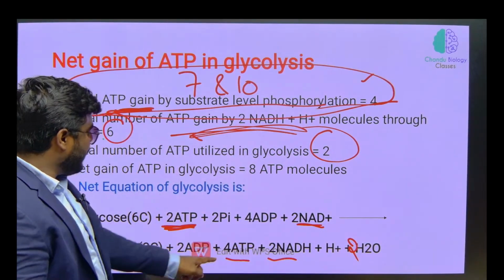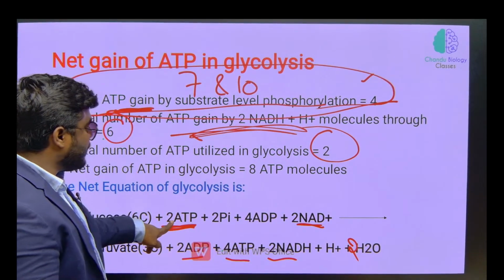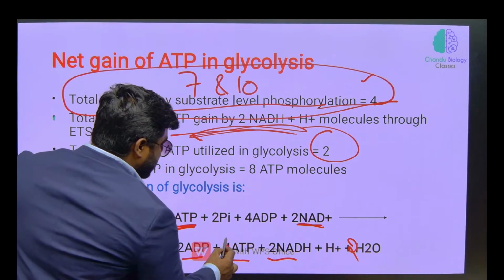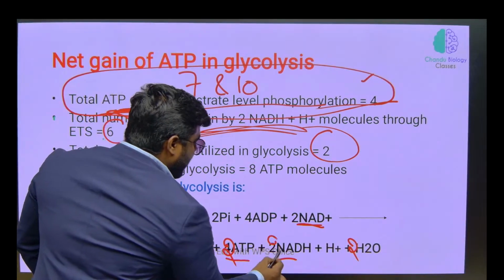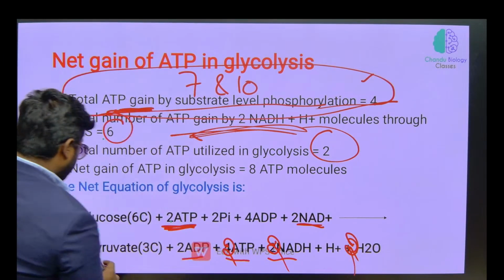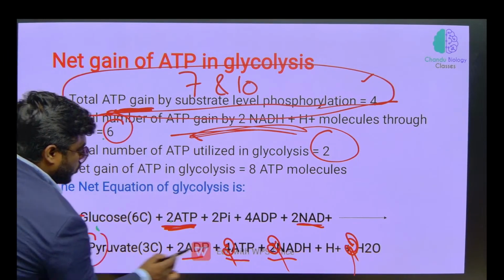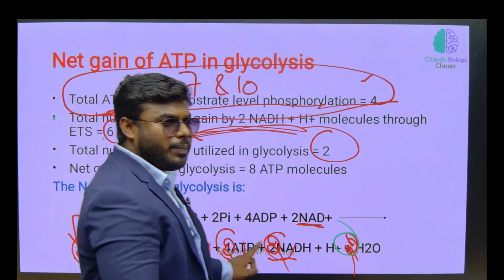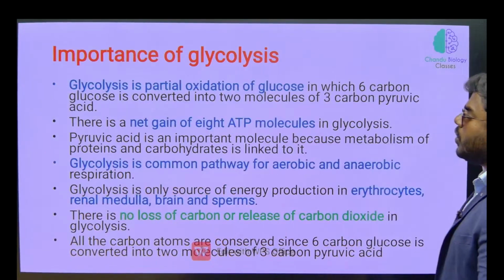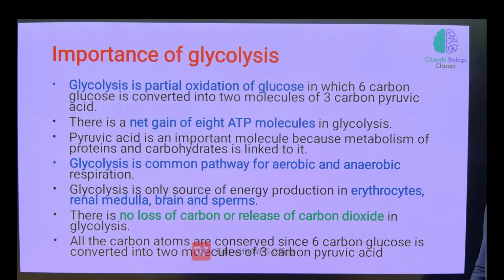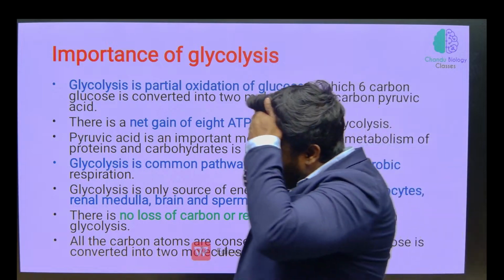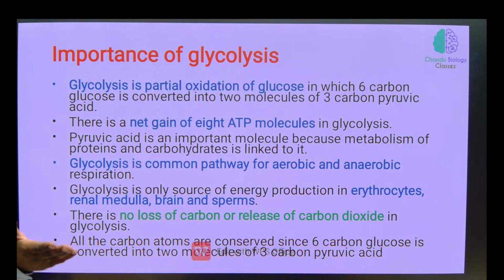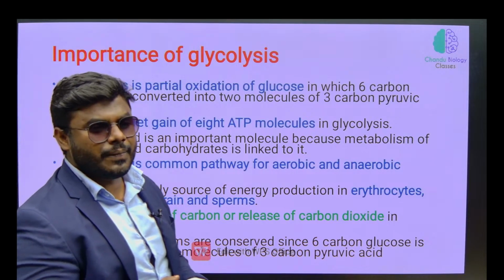Out of the 4 ATP, whatever we spent we remove. Then we can say 2 pyruvates, 2 ATP, 2 NADH and 2 water molecules. This is the first step of cellular respiration, which is called glycolysis. Glycolysis is reduction or oxidation?